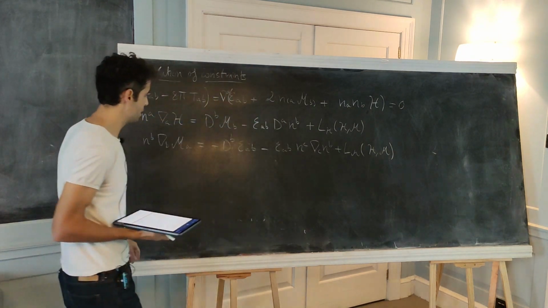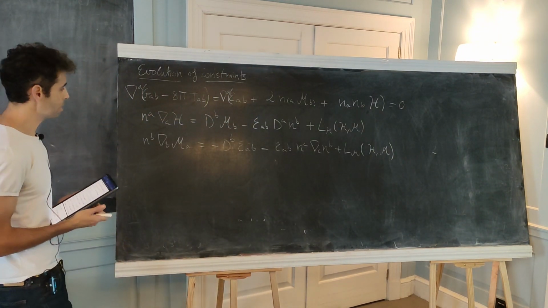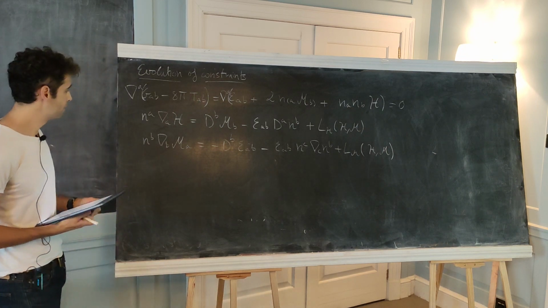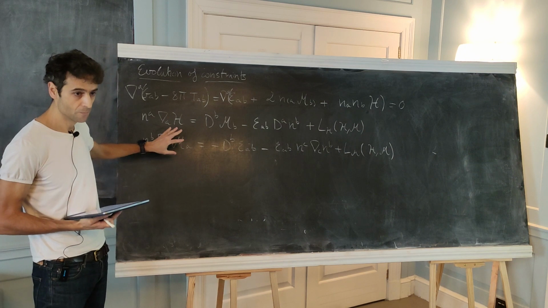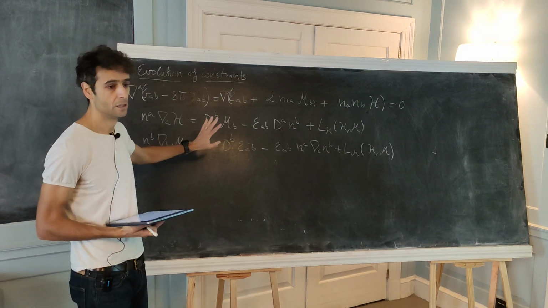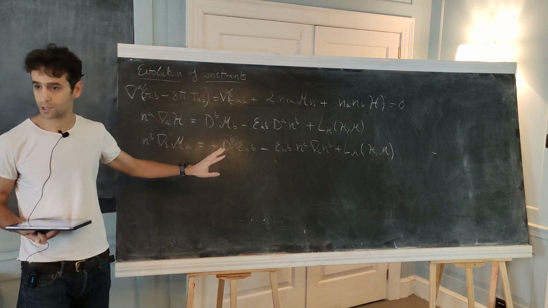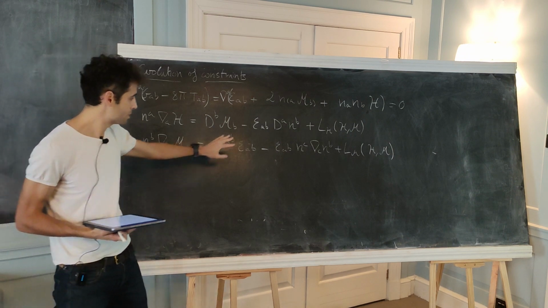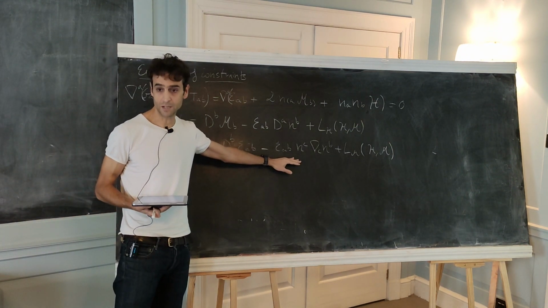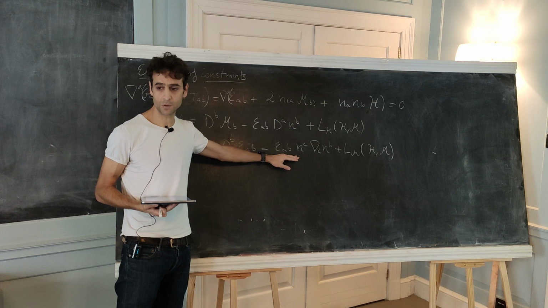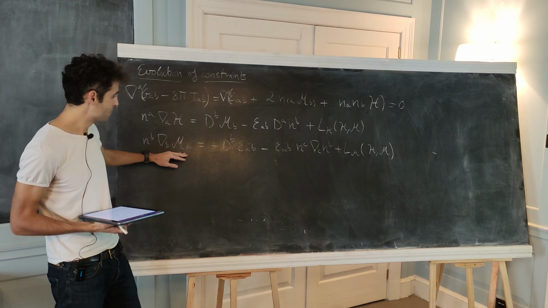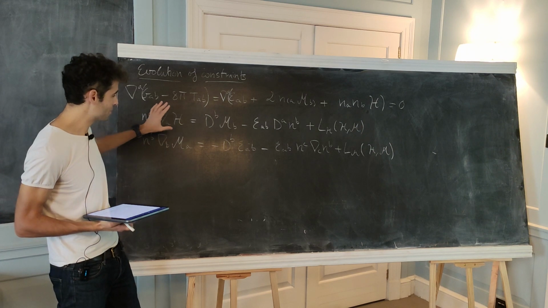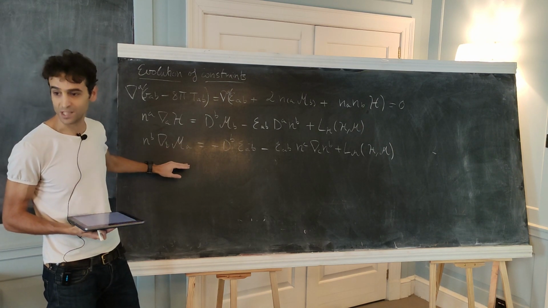So what does this tell us? These equations tell us that if the constraints are satisfied initially, and we satisfy the Einstein equations, then these two terms vanish. So you have a linear equation for the constraints with 0 initial data.